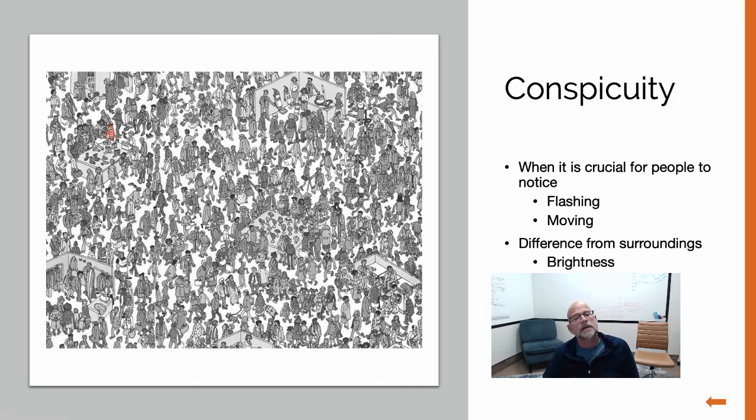So that's called conspicuity. When it's really critical for people to notice something, there are certain things you can do to make it noticeable. One is to make it flashing, another is to make it moving, and another is to simply make it different than those things in its surroundings. It turns out that making something flashing or making it moving, it's too conspicuous.